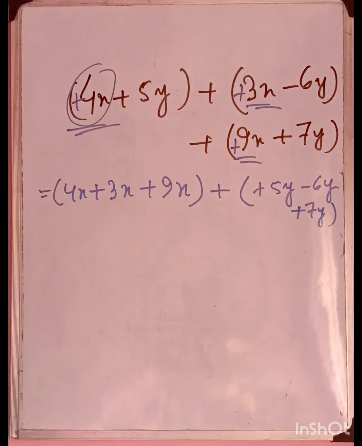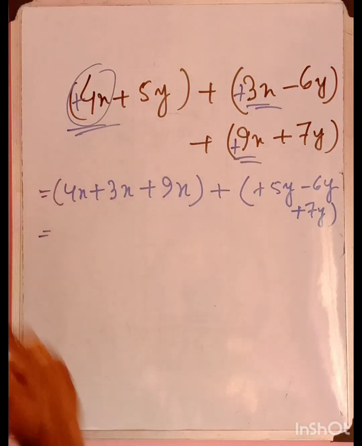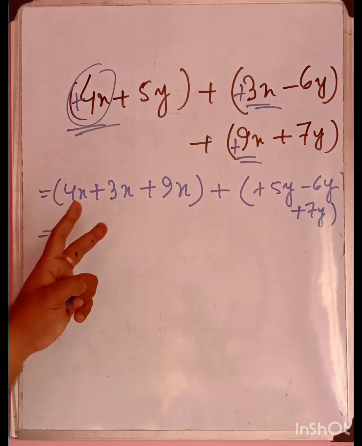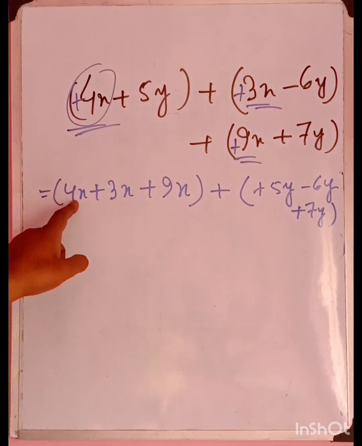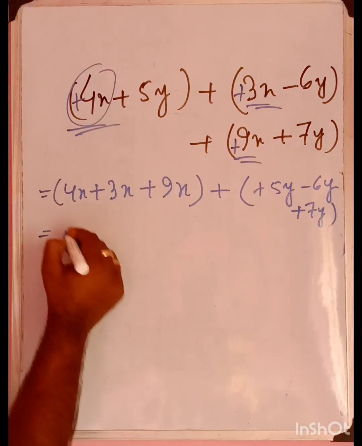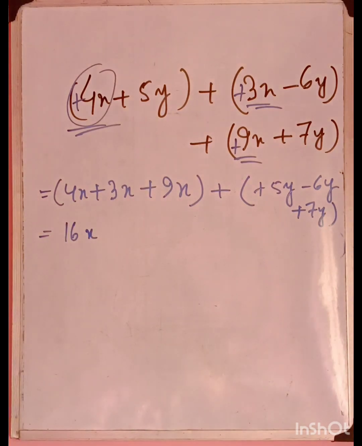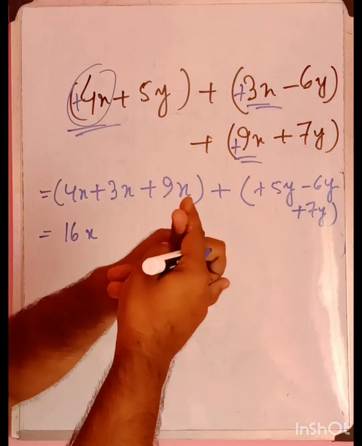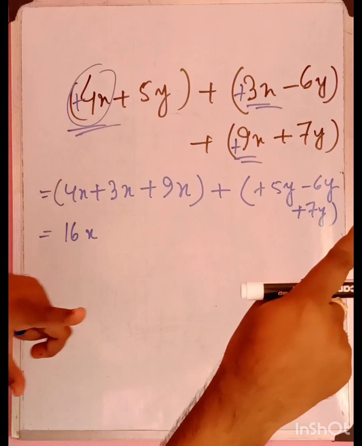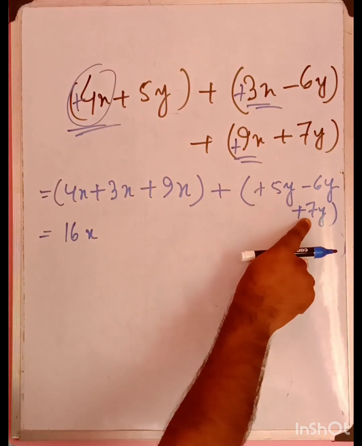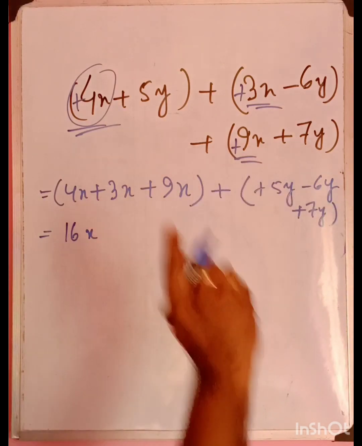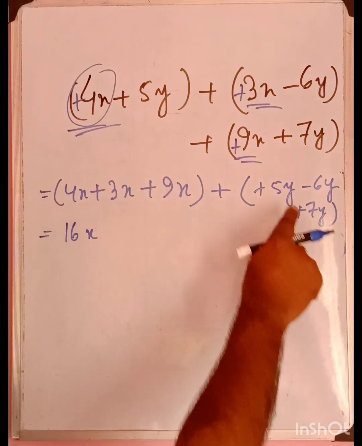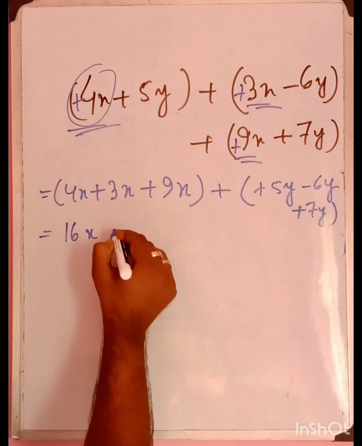Now what to do? All are equal signs, all are plus. You can add them up. 4 plus 3, 7 plus 9, 16x. Here 5 is plus, 7 is plus. Plus signs are added, minus signs are subtracted. Okay, 5 plus 7 is 12. 12 minus 6 is 6. So the result is 16x plus 6y.